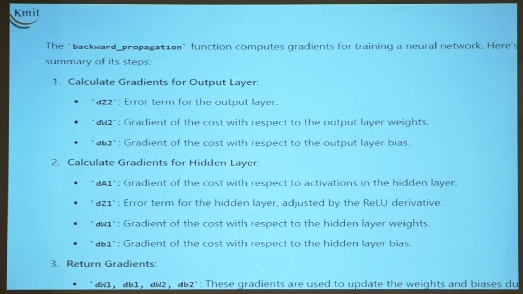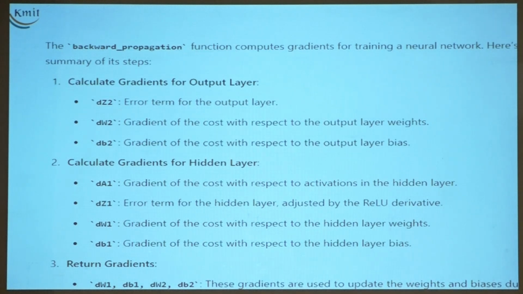Then I will calculate the derivative of loss with respect to W2 and with respect to B2. W2 is the weights that I am giving for hidden to output, and B2 is the bias that I am adding to the output. So, I will calculate these three gradients in the first step: dZ2, dW2, dB2. I will tell you how we take that; for now just understand this.